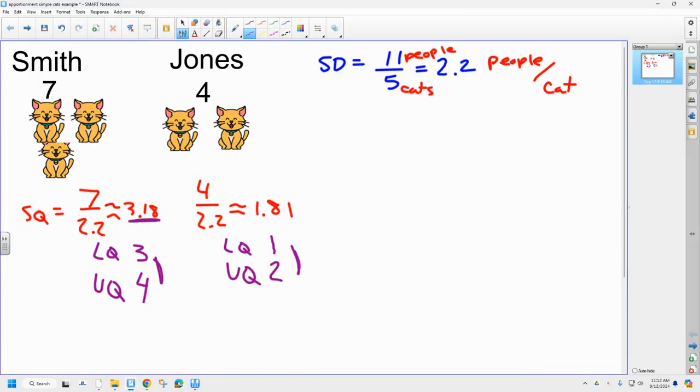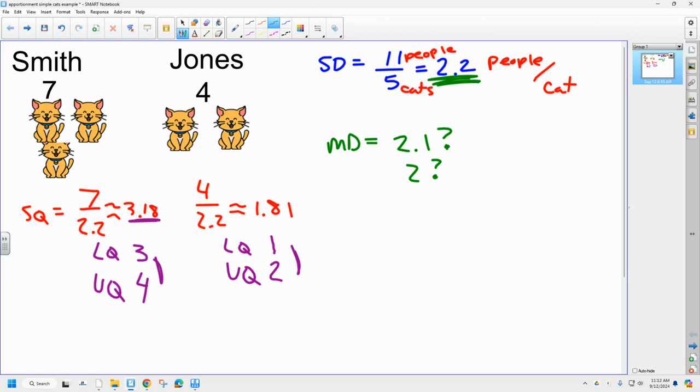What I mean by that is the standard divisor here was 2.2, right? Your modified divisor, we're just going to have to guess something that's less than 2.2. So 2.1, 2, and we have to divide by that number and find out the apportionment.